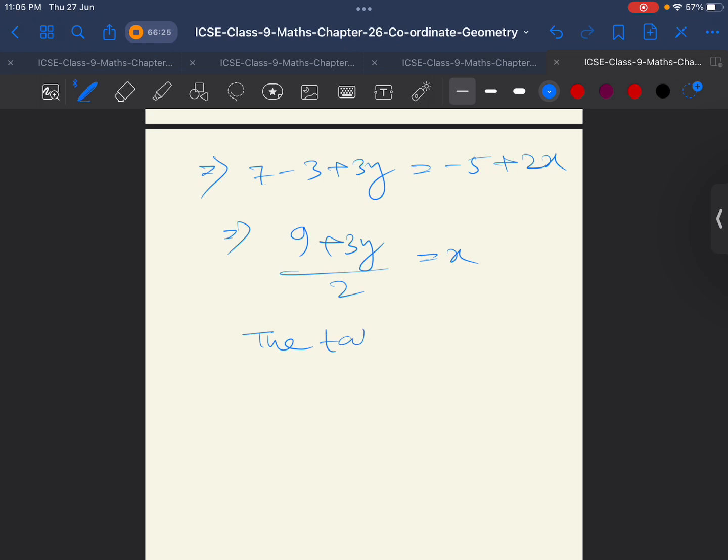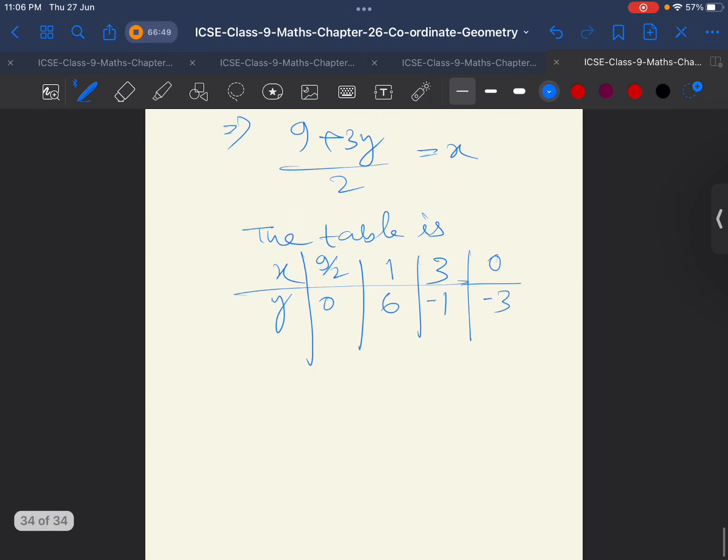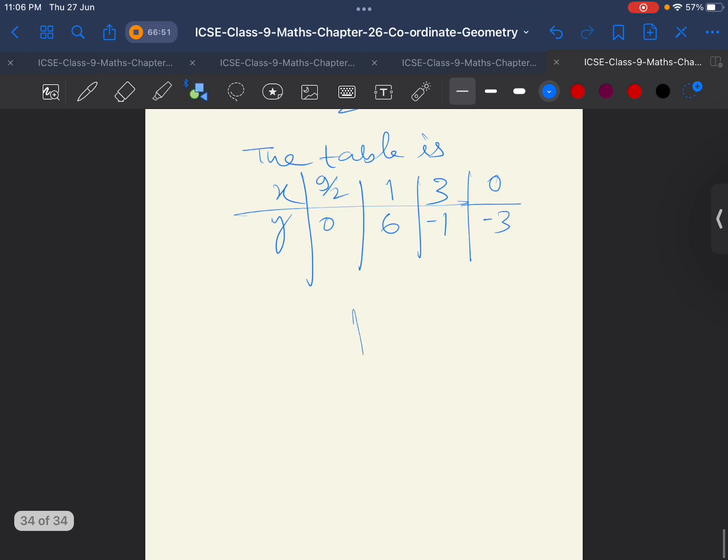So the table is here, x and y. When y is 0, x is 9 by 2; y is 6, x is 1; y is minus 1, x is 3; y is minus 3, x is 0. Okay, now we draw the graph.